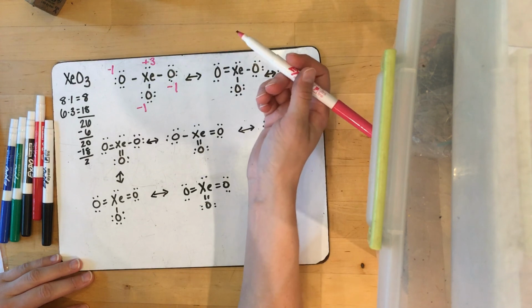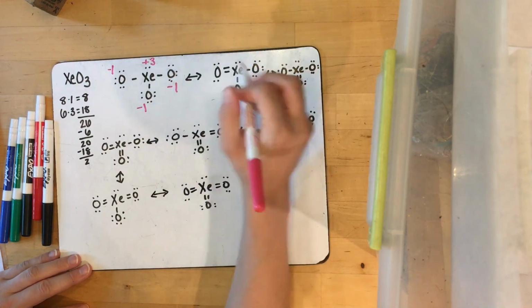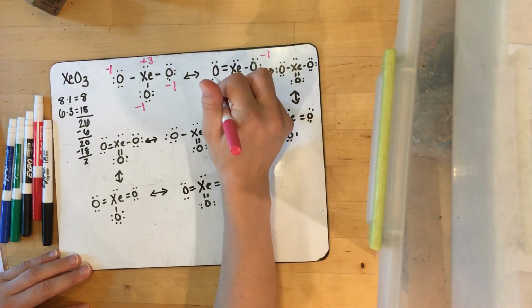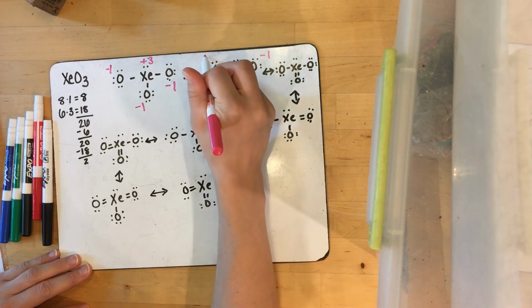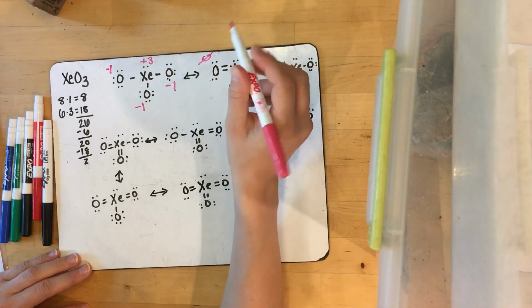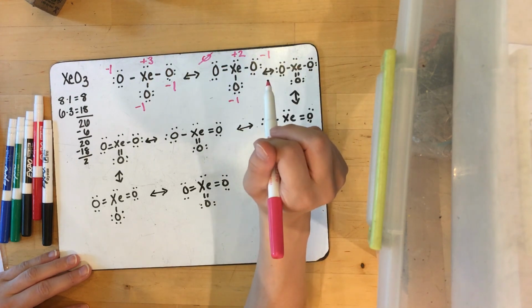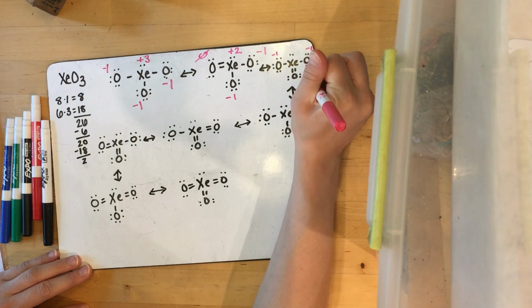So let's see if we can get closer to 0. So in this case, these oxygens are the same as before, so I'm going to keep them at -1, but this oxygen is different, so 6, 5, 4, 3, 2, 1, 0. Okay, so that's good. And then xenon has 8, 7, 6, 5, 4, 3, 2, +2. These will all be the same, just arranged differently.